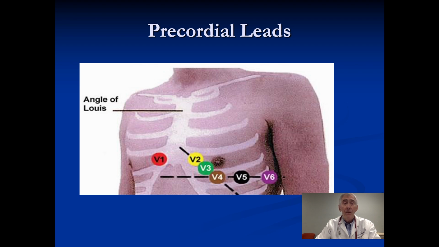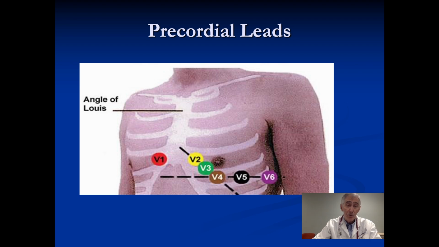And then from that point on, you go straight down the chest wall along the anterior axillary line, right here is going to be V5, and V6 is going to be mid-axillary line. Now, I've had people put leads V1, V2, V3, V4, V5 all in a row, and that's not correct.